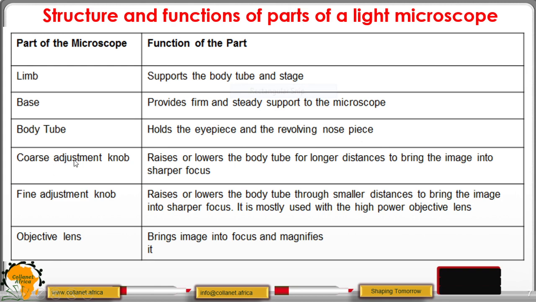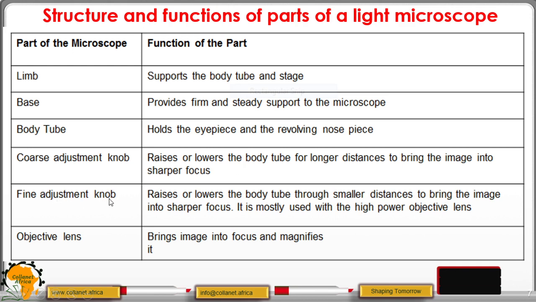We also have the coarse adjustment knob, whose function is to raise or lower the body tube through longer distances to bring the image into a rough focus.